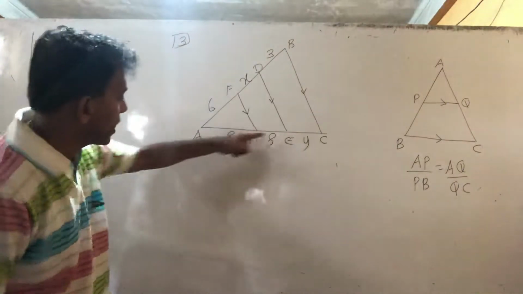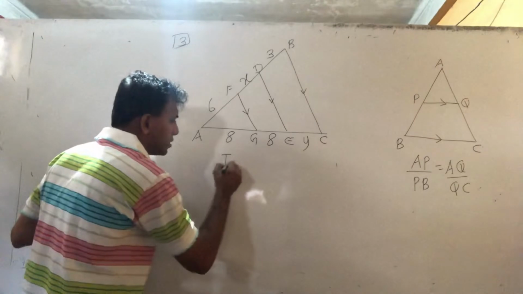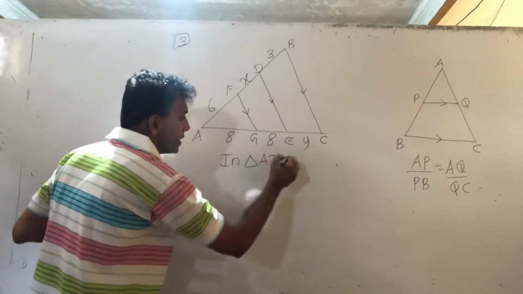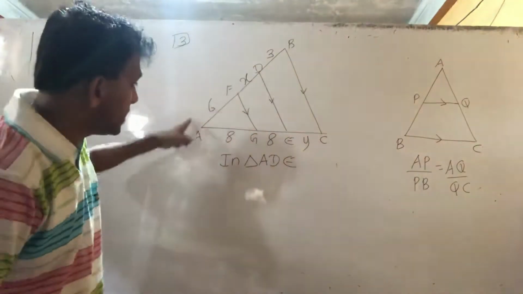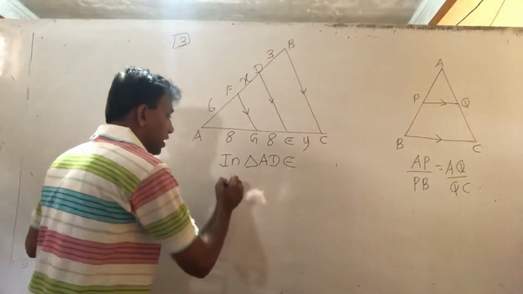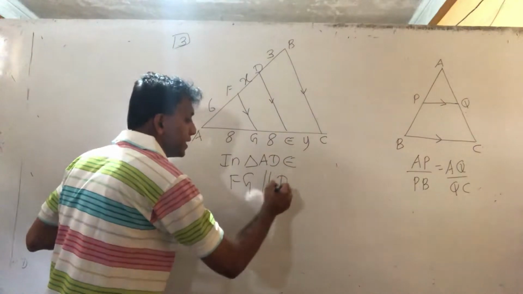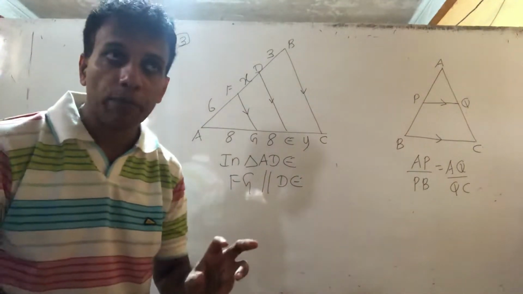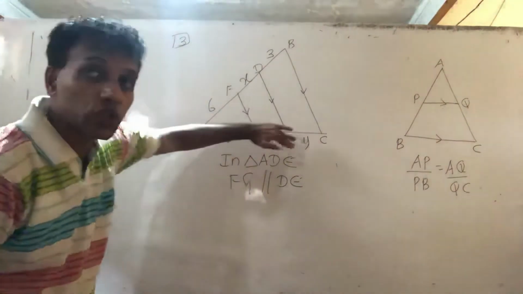So take this triangle, see triangle ADE. In triangle ADE, use the theorem. FG is parallel to DE. In a triangle, a line drawn parallel to another side divides the other two sides proportionally.